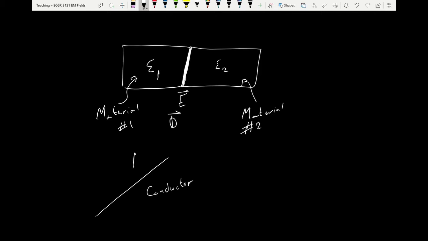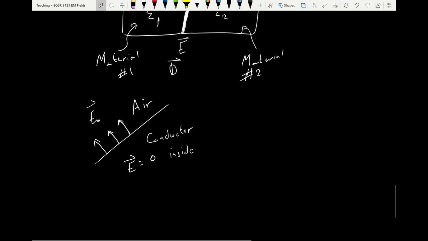Air also is a kind of dielectric material. So we already discussed that. We said that E is 0 inside the conductor, and E is always normal to the interface outside the conductor.